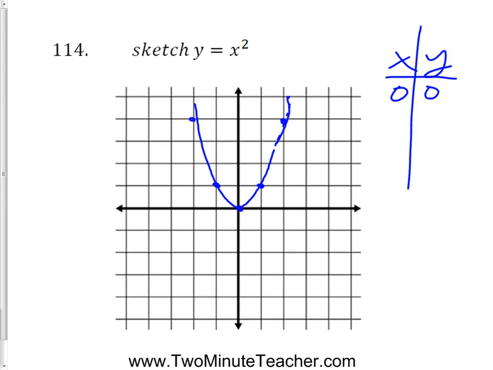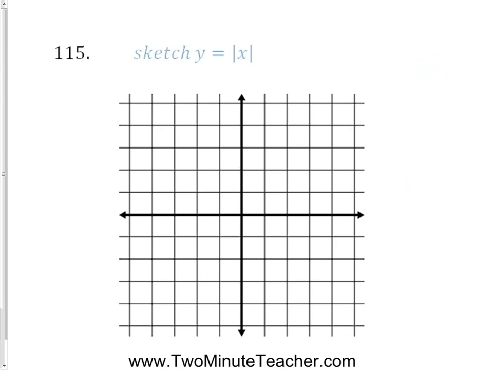All right, moving on. Next one here is y equals absolute value of x. Y equals absolute value of x is a kind of V-shaped function. Again, you could do an XY chart and you'd find that it goes just like this. And the basic logic is an absolute value can have two different things that would equal the same thing.